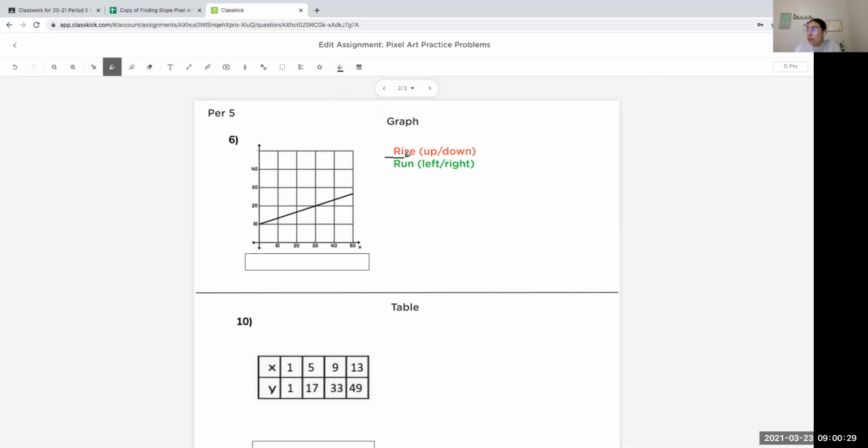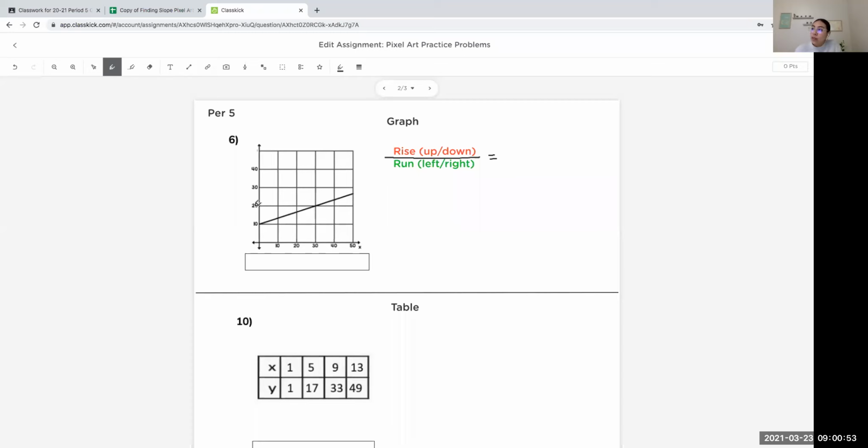And that should give us a fraction as an answer. So anytime you look at a graph here, you want to pick 2 points and find your directions of rising and running from one point to another. But before we actually get there, I want you guys to pay attention to your axes.